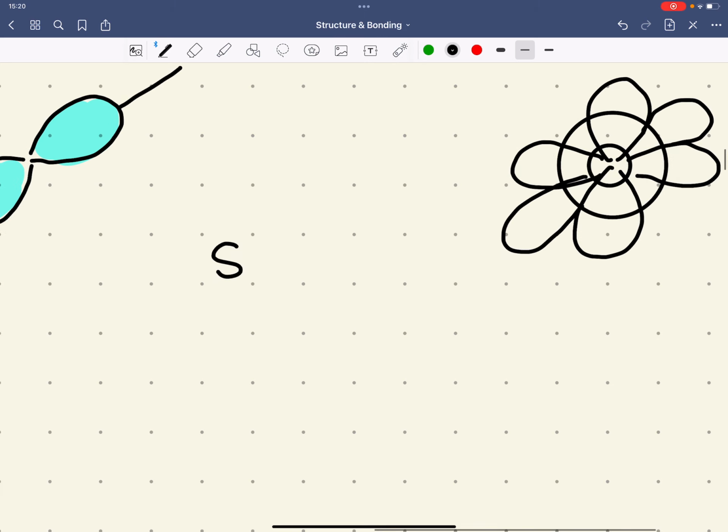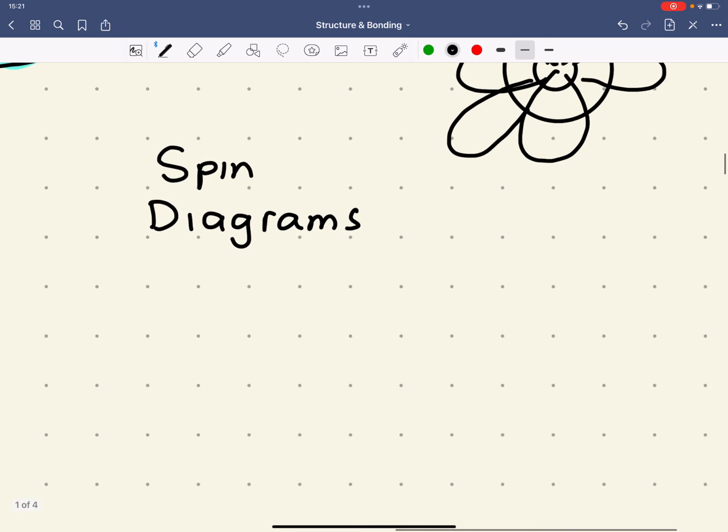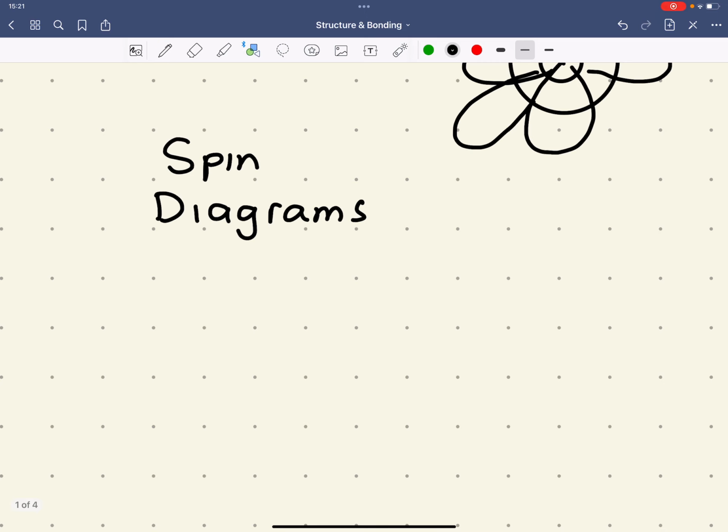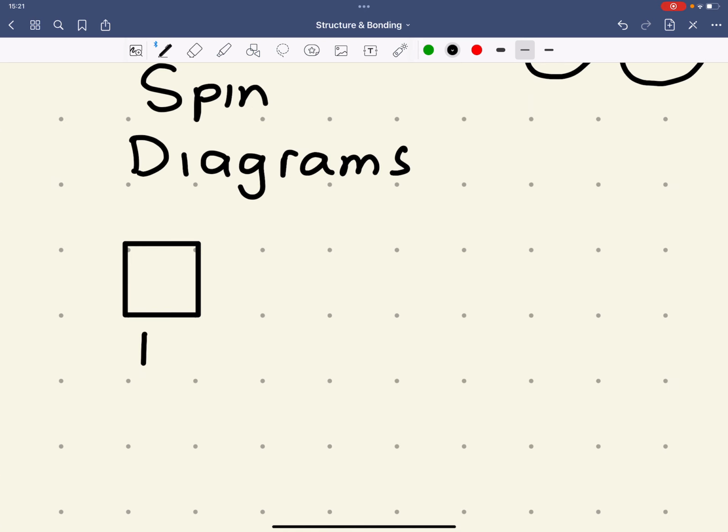Now, these orbitals can be represented by boxes. So we call these spin diagrams. So if I was going to draw the spin diagram for carbon, again, what we've got then is these boxes. So that box there would represent my 1s orbital. And we represent these electrons by a spin up and a spin down.